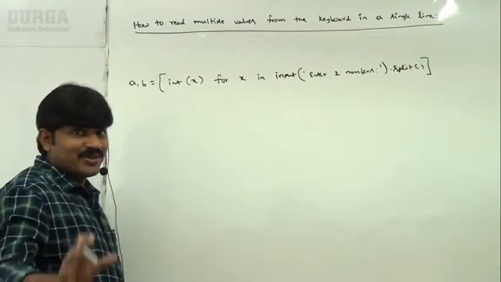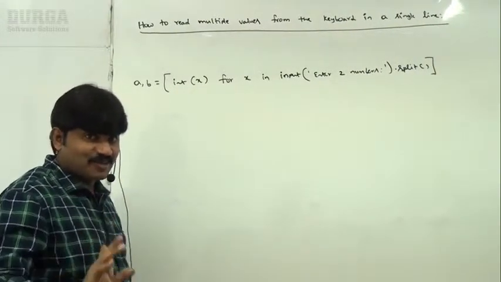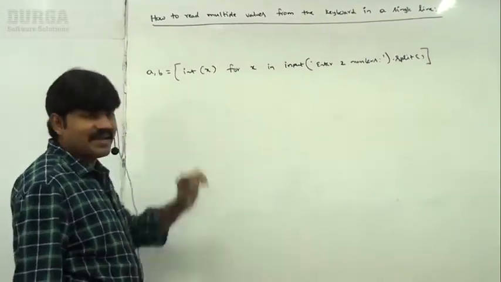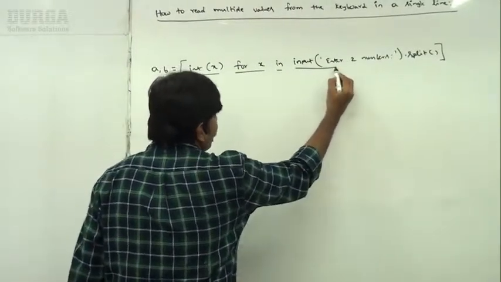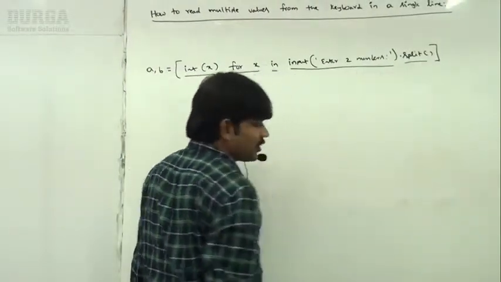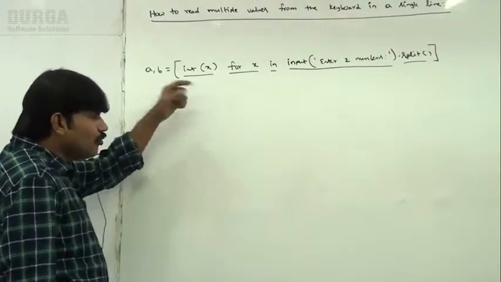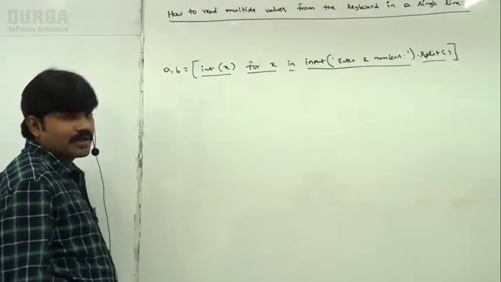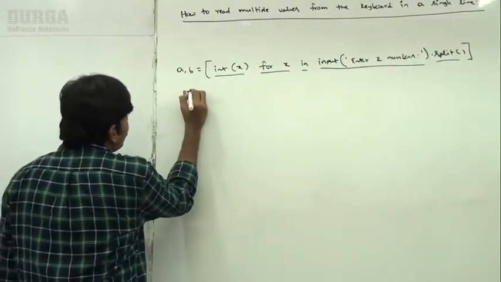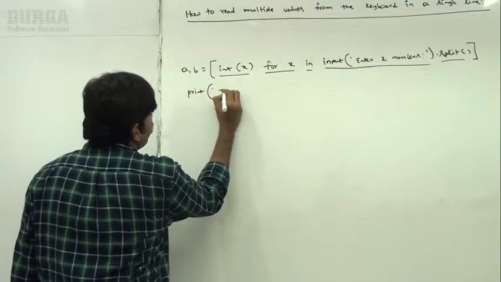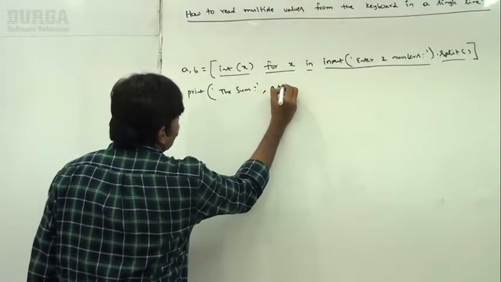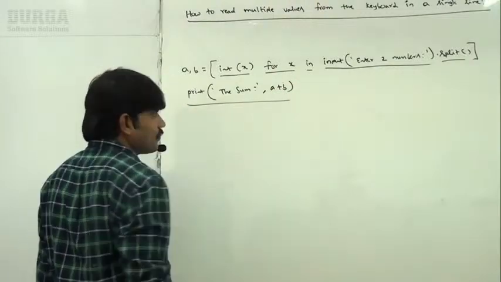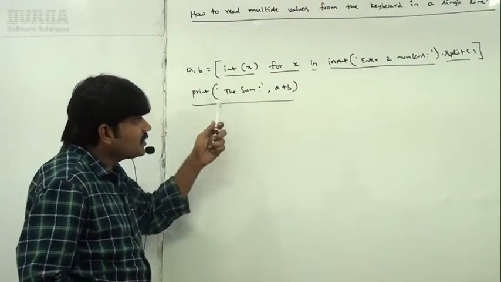Observe carefully. Don't worry, I will explain in detail. Just observe this: int of x for x in input enter two numbers dot split. Now with two numbers, by default we are going to print the sum. The sum is a plus b, like this I am taking. Again print the sum is a plus b.